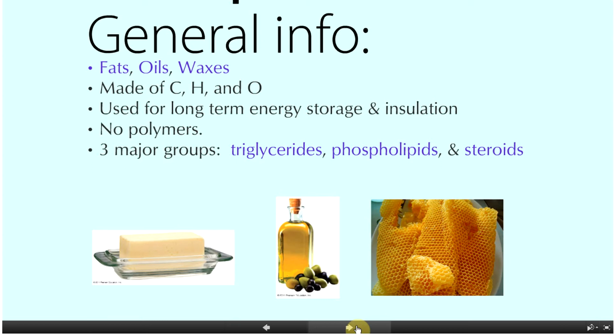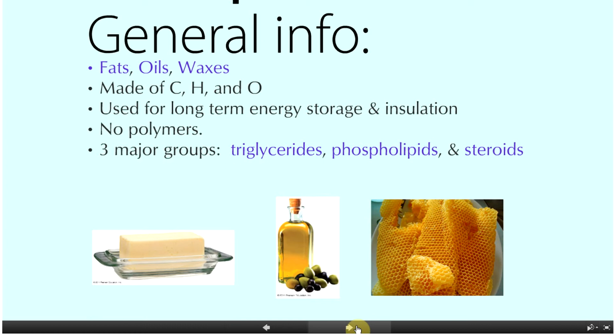Here it says that they don't have any polymers. I'm not sure I really like that. I think what he's trying to say here is that we don't have actual chains of single building blocks making a large polymer. Instead, each large molecule is made up of just a couple pieces.